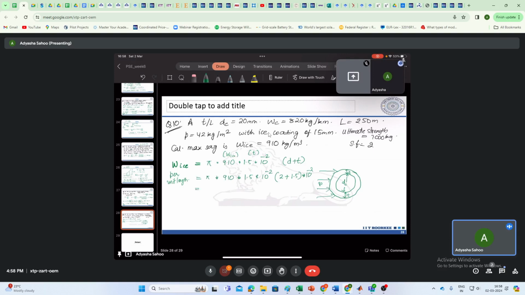So this will come out nearly as 1.501 kg per meter.